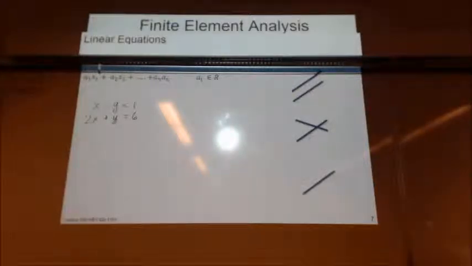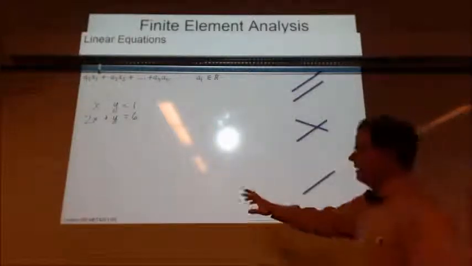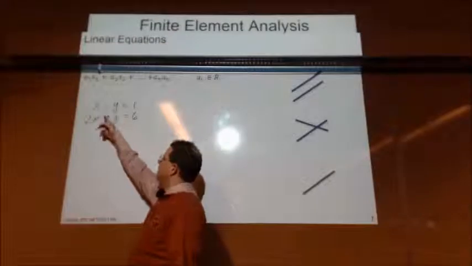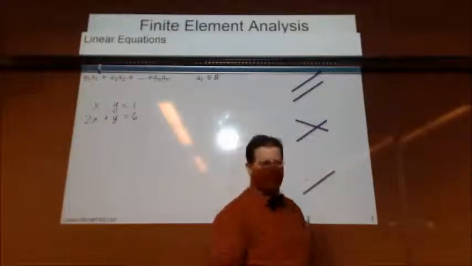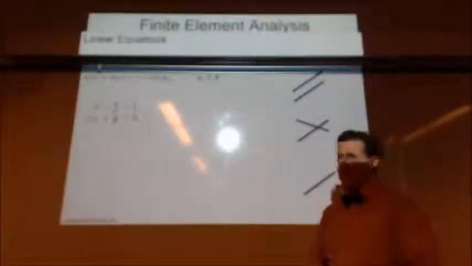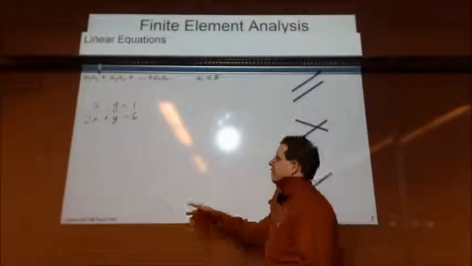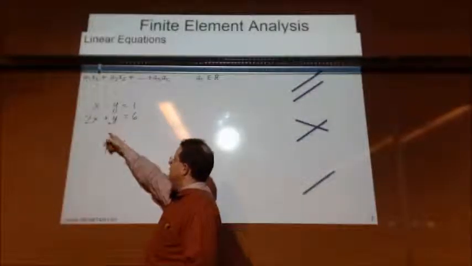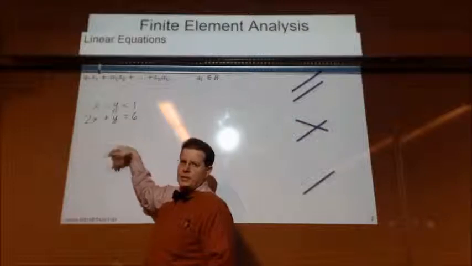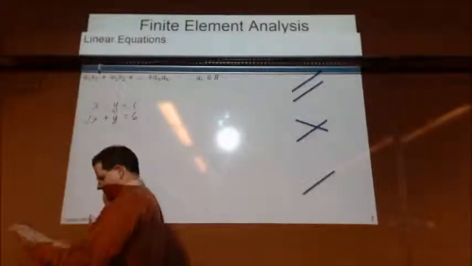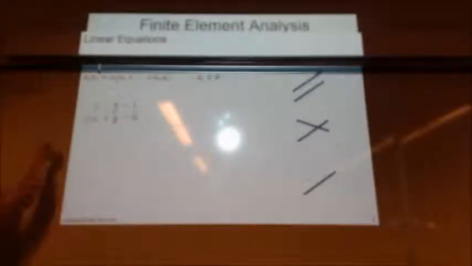How might we solve those, or go about determining what these two unknowns are, the x and the y? Solve one for x and y and substitute. So maybe solve the first one for x, substitute it into the other, get y, and then back substitute. Right, pretty straightforward.